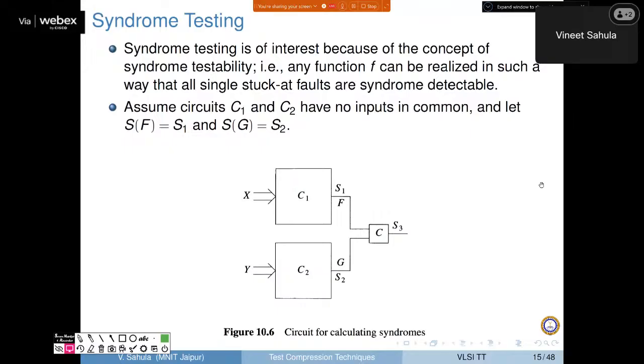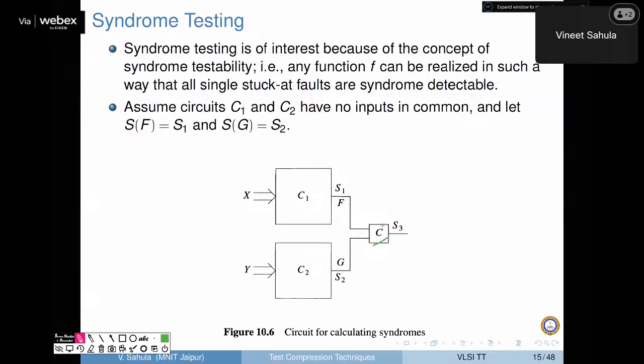For a complex circuit, to compute the syndrome, let us compute the syndrome of C, given that S1 for C1 is known and S2 for C2 is known. So C1 could be a simple gate, to start with, AND, OR, NOT, or maybe your universal gates also.